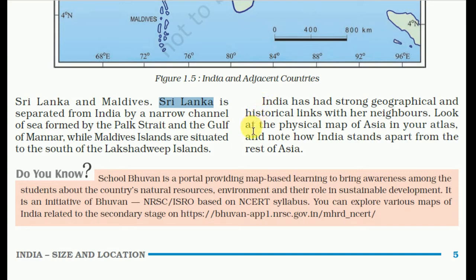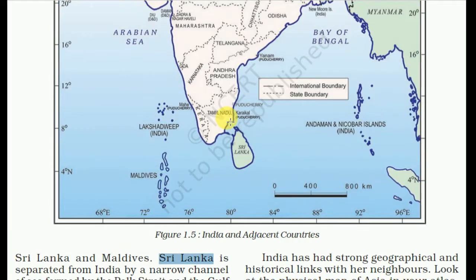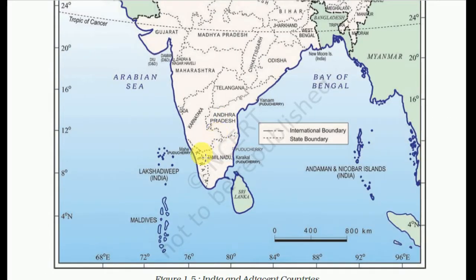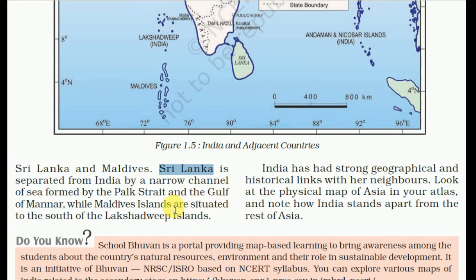India has had a strong geographical and historical link with her neighbors. Look at the physical map of Asia in your atlas. Note how India extends apart from the rest of Asia. So here is Maldives, and here is the Palk Strait, and here lies the Gulf of Mannar.